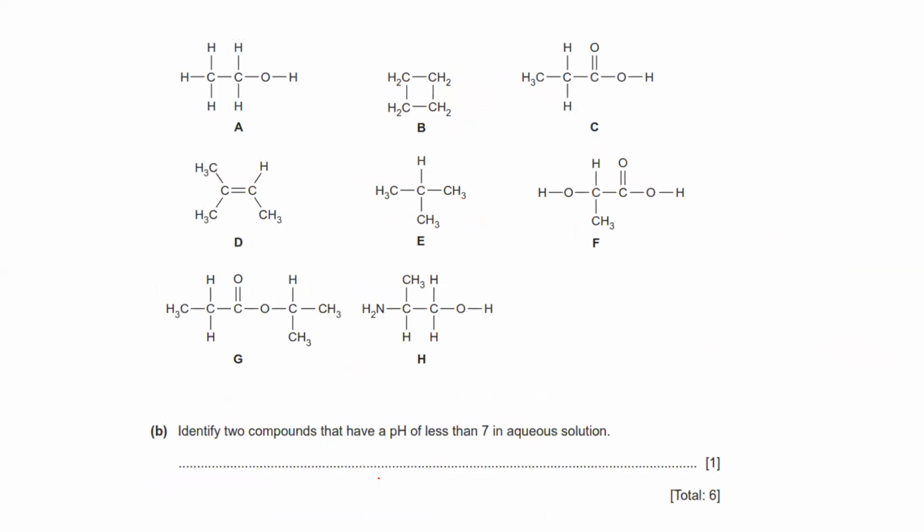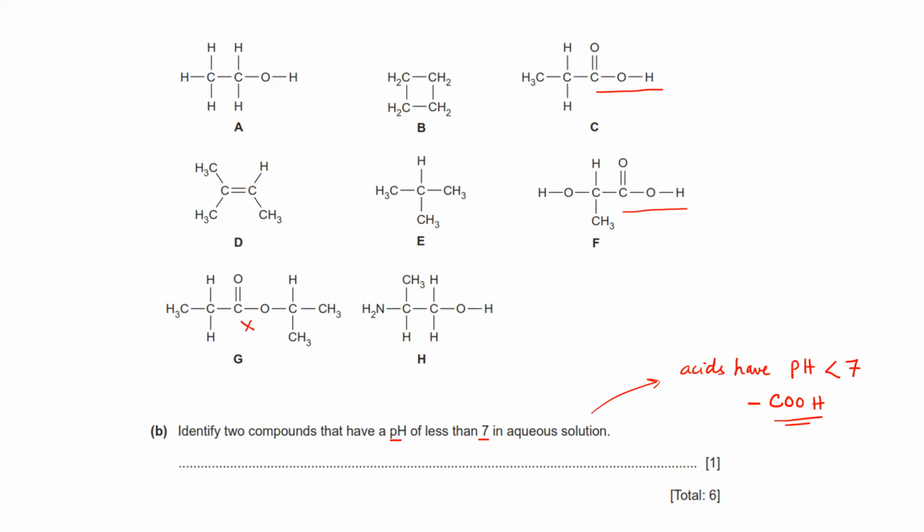Okay, moving ahead, it says identify 2 compounds that have a pH of less than 7 in an aqueous solution. So remember, acids have pH less than 7. So acids will have COOH at the end. So we have this COOH, we have this COOH.